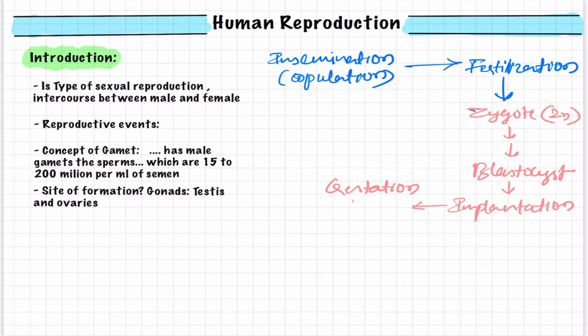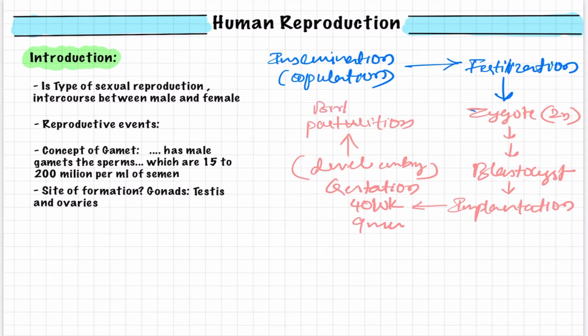That lasts nearly 40 weeks or 9 months. In this gestation period, the embryo develops into the fetus, and at the end of the gestation period, parturition occurs, that is, the birth of the newborn.